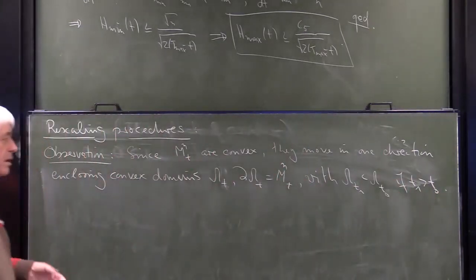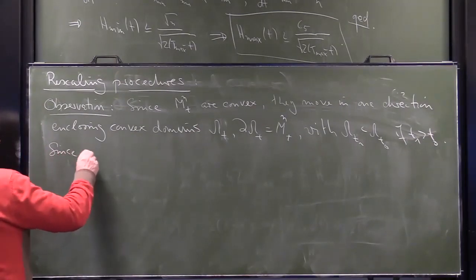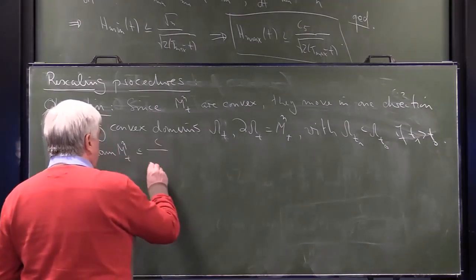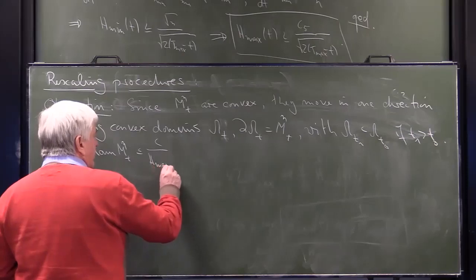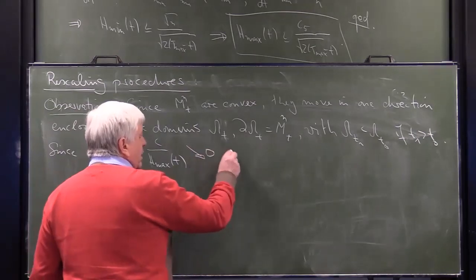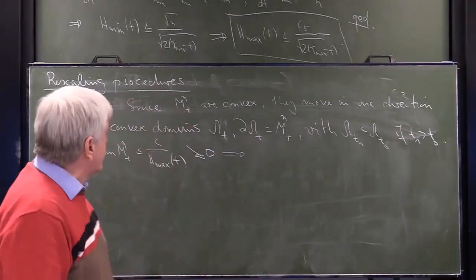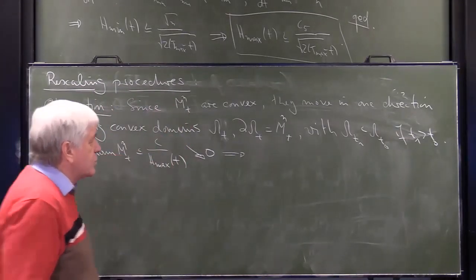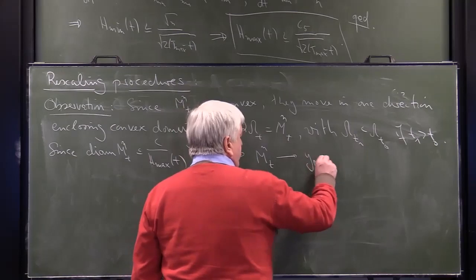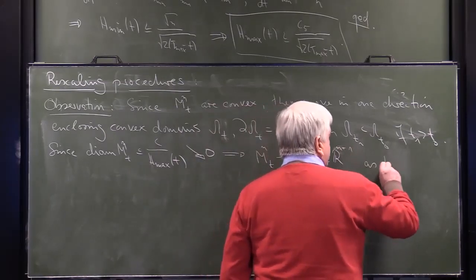Okay. Now, since the diameter goes to 0, as we have just seen, since the diameter of M_t is less than the constant times H max of T, which tends to 0, this must mean, since these domains are shrinking, that the M_t must converge to some point y infinity in R^{n+1} as t approaches T max.